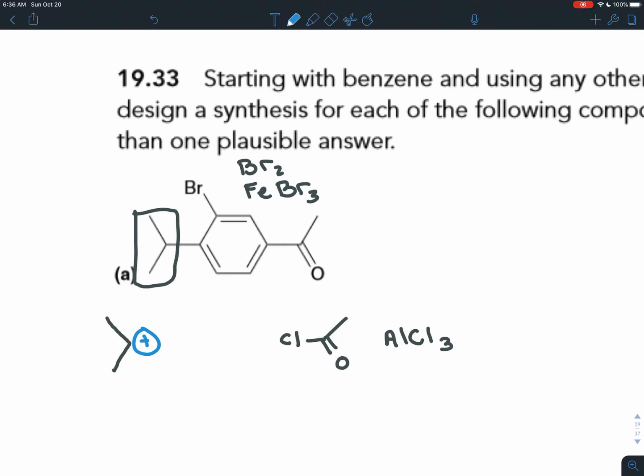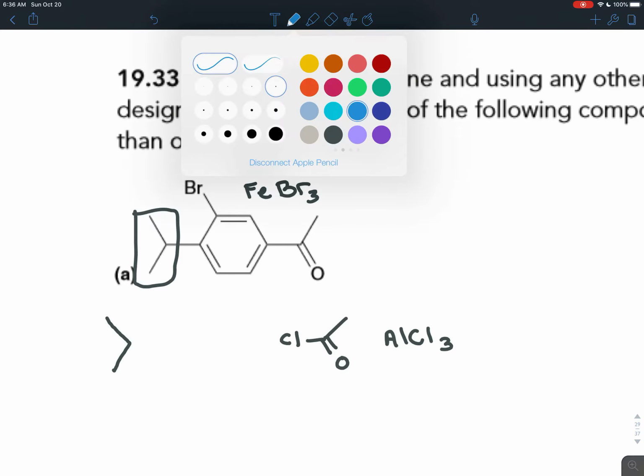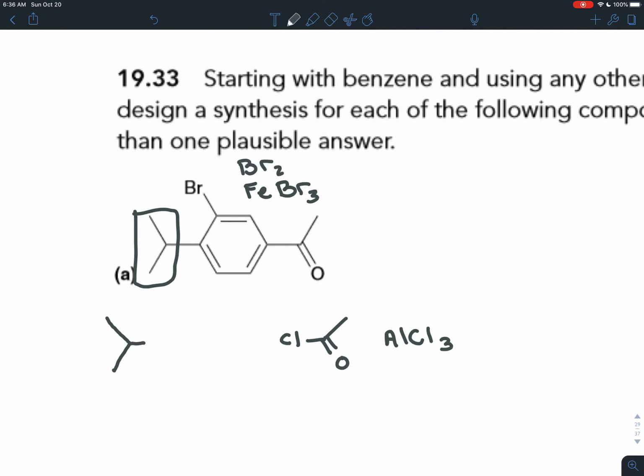And so a secondary carbocation is more stable than a primary carbocation. The more carbons a carbocation is bonded to, the more stable it is, because it can borrow electrons from those carbons to help stabilize itself. So that's the most stable carbocation we can find, so that carbocation is not going to rearrange, and we can use Friedel-Crafts alkylation. So we have our alkyl halide, and then the metal catalyst, AlCl3.